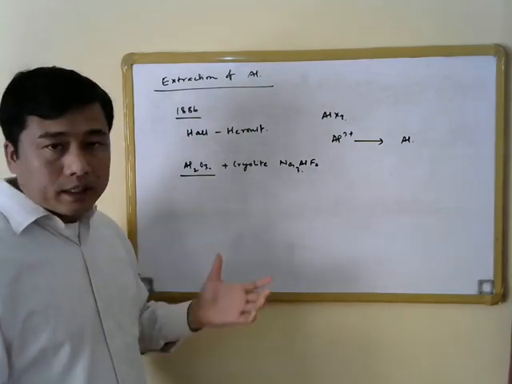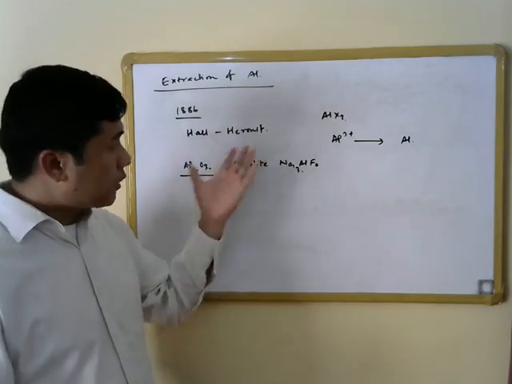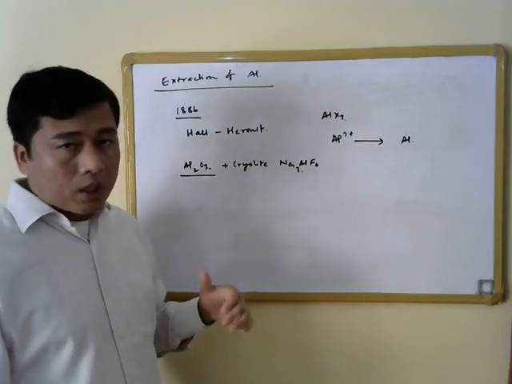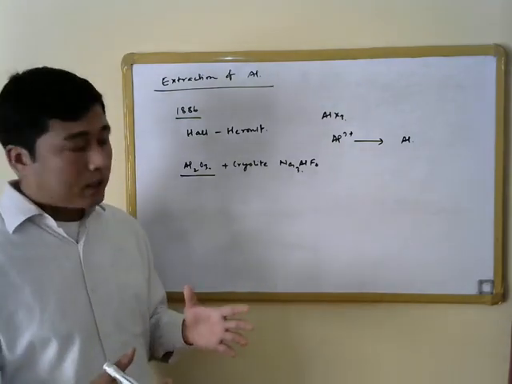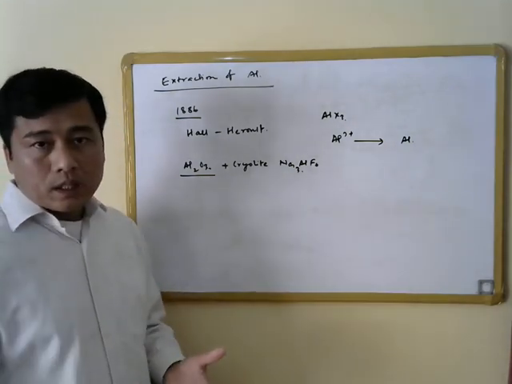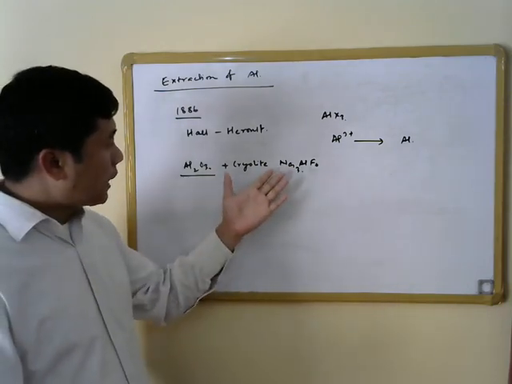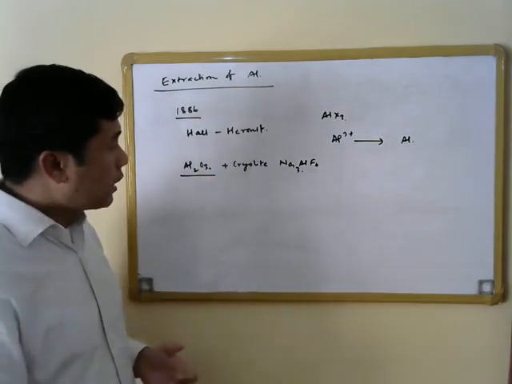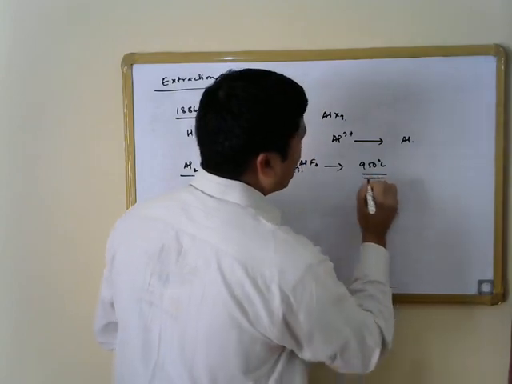Then it increases the conductivity of the mixture so that electrochemically Al3+ can be reduced to aluminium metal, and at the same time it also reduces the melting temperature, because otherwise the Al2O3 melts at a very high temperature, while when one adds cryolite to this Al2O3, the mixture melts at around 950 degrees Celsius.